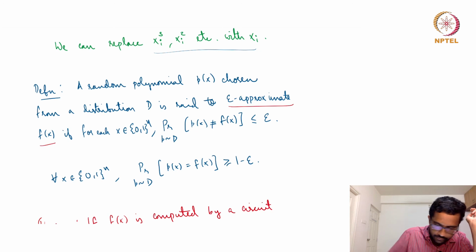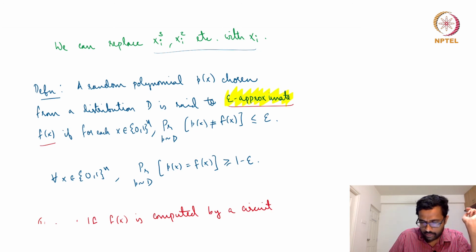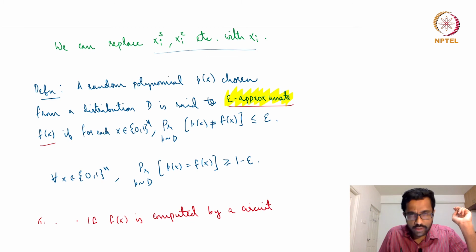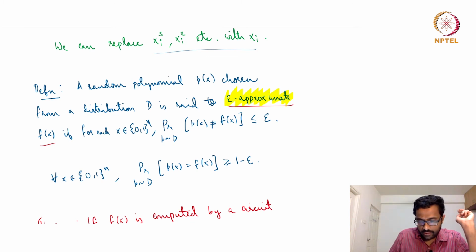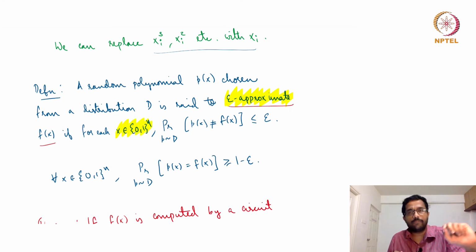if, this is the keyword, epsilon approximate, if for any Boolean input, any 0 1 input, the probability that the polynomial is not equal to the actual function value is at most epsilon. So this has to be true for all the input sequences. For any input x, what is the probability that the polynomial is not equal to the actual function value?